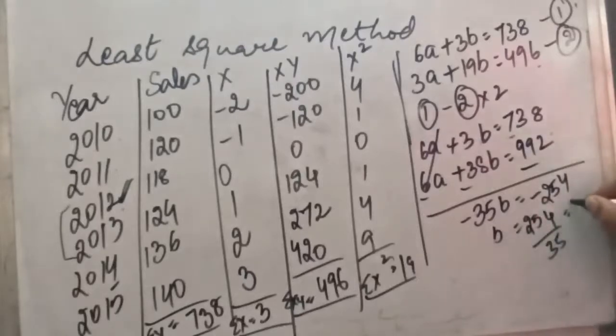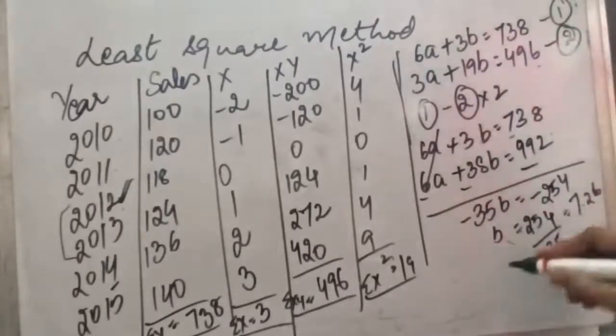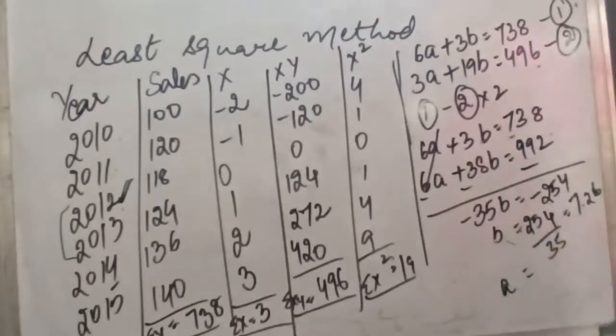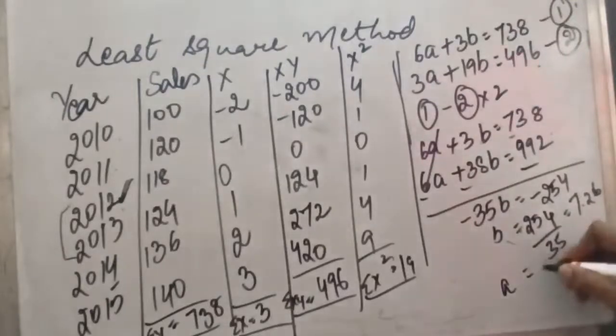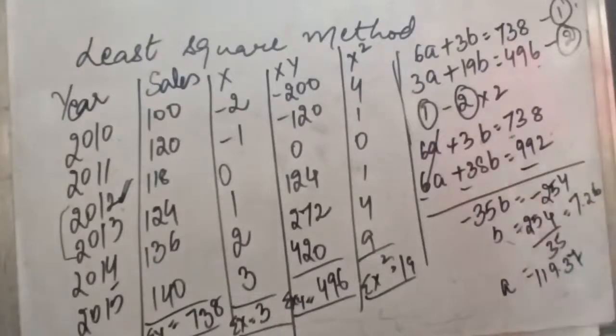The answer is 7.257, so 7.26 I can write. Now I will put this value in any equation and calculate my A as well. When you calculate, A will be 119.37 like that. So now A and B are there.